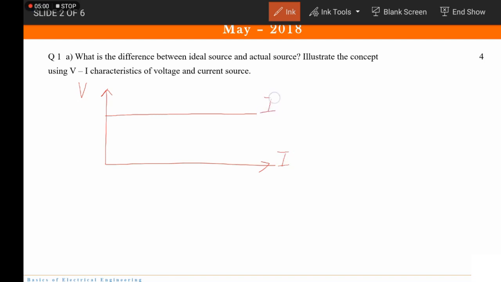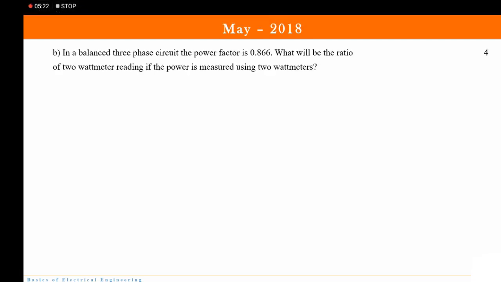If it is like this, I would say the source is ideal. But if it is a practical or actual source, then it may change slightly. So this dashed line gives you the practical or actual source. I hope this is clear now. Now let us go to the next question.